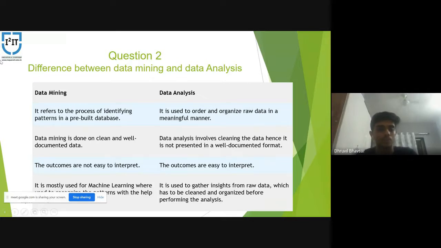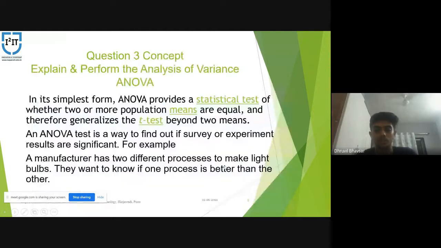The second point: data mining is done on clean and well documented data, while data analysis involves cleaning and removing, hence it is not present in a well documented format. The outcomes of data mining are not easy to interpret because we have only collected the data, while in data analysis, the outcomes are easy to interpret.